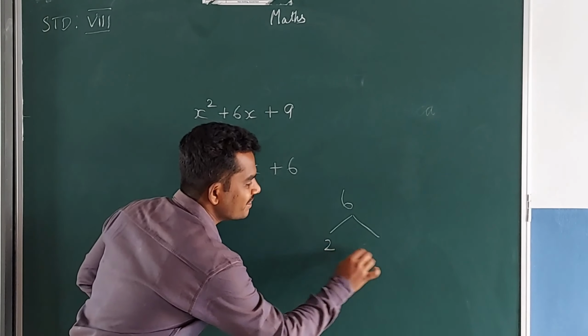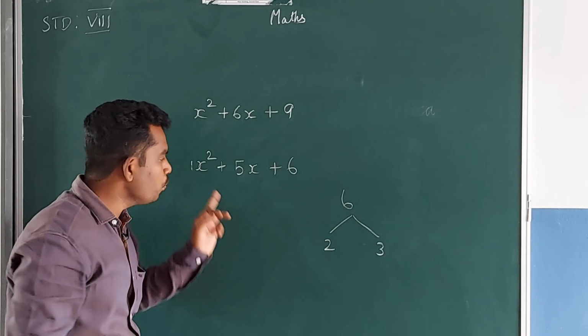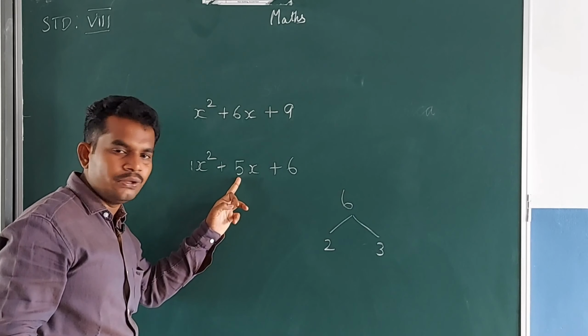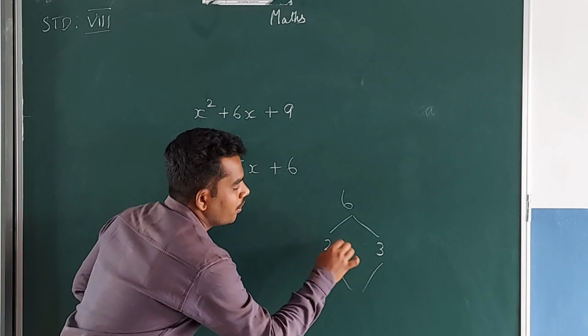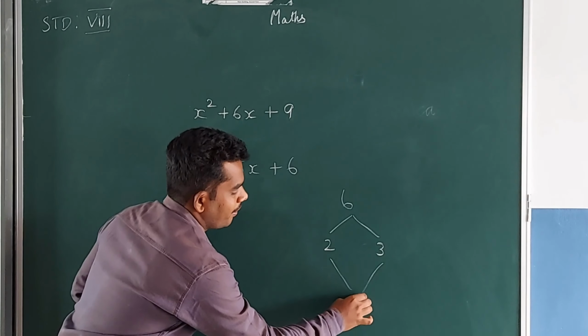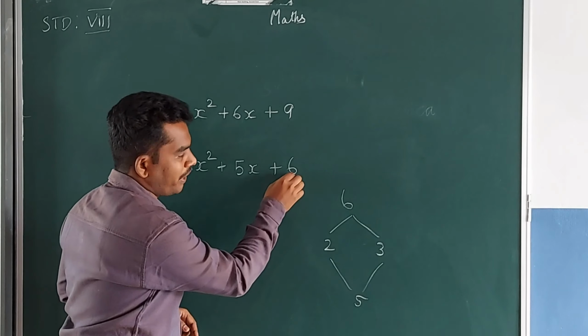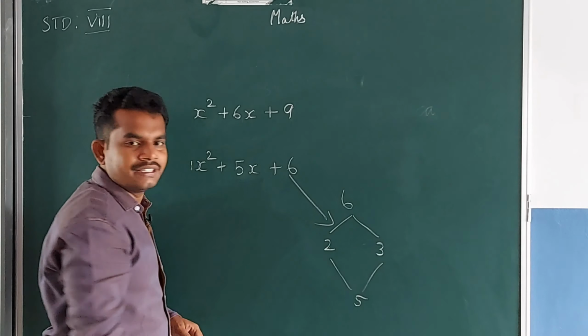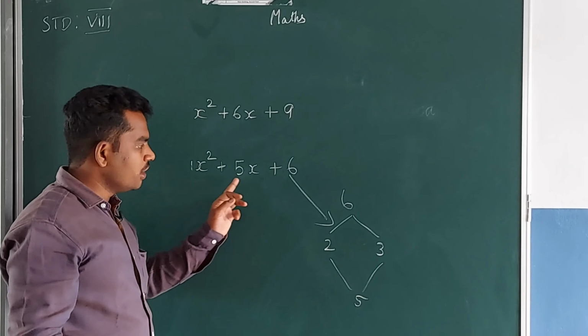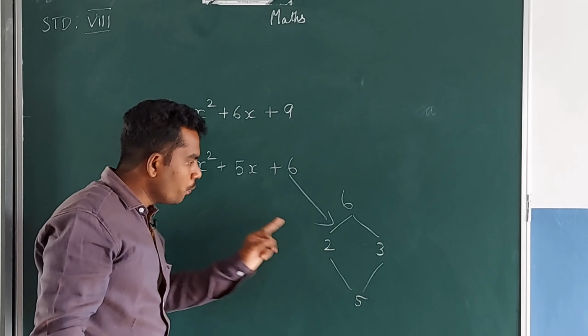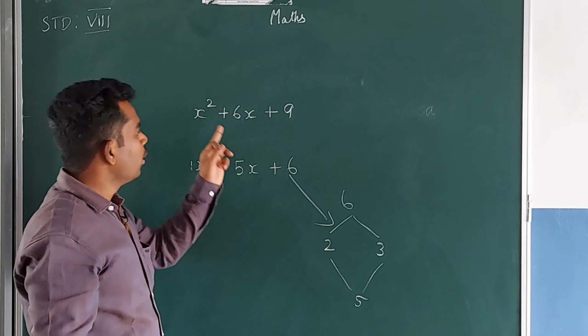Only 2 and 3 give the resultant value 5, 2 plus 3 is 5. So for a non-square number, you go with this method.